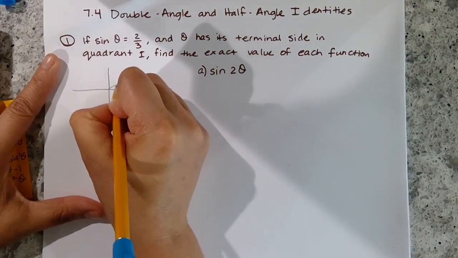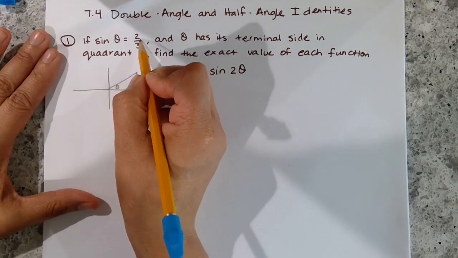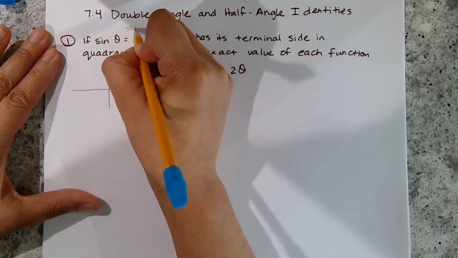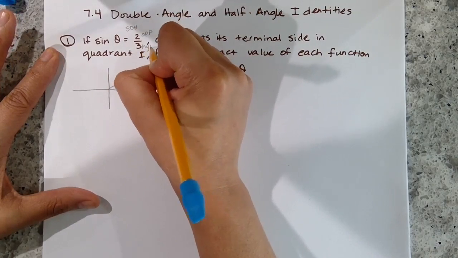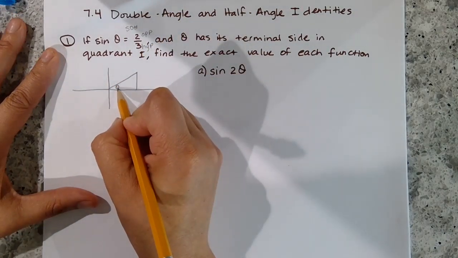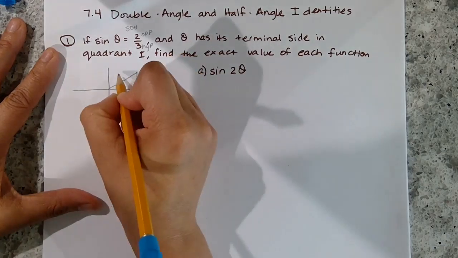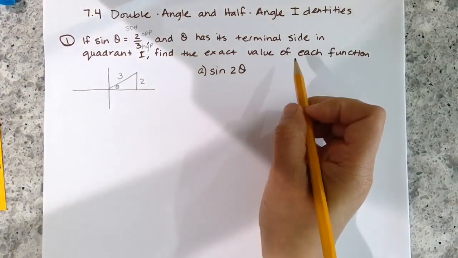So here's quadrant 1, here's your theta. Sine is 2/3. Sine is defined by the opposite over the hypotenuse. So in this case, the opposite is 2. The hypotenuse is 3.